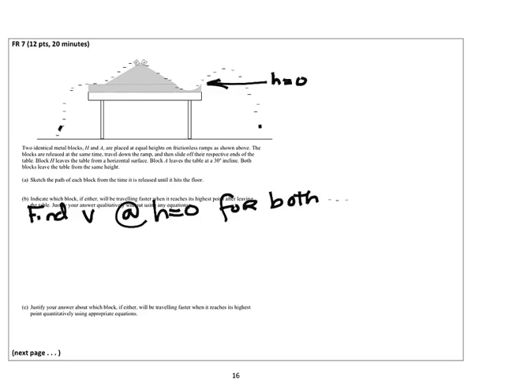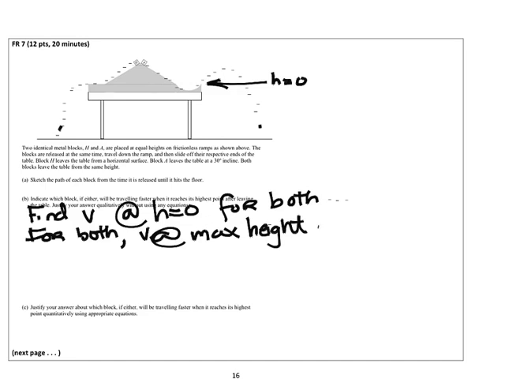Then we can realize that for both, v at the max height is equal to Vx as it's leaving the table.